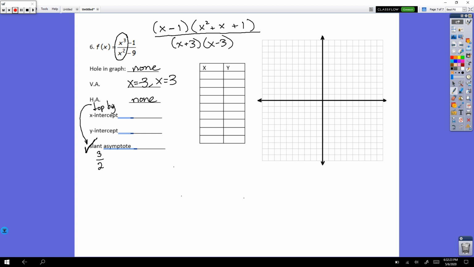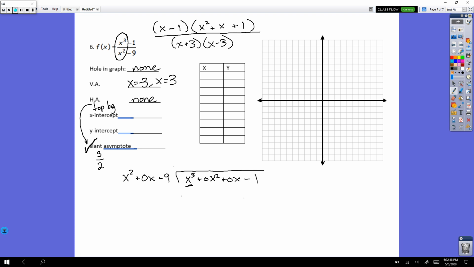Now, when I set up my division here, again, I need to put the placeholders in for terms that are missing. So on the outside, I start with x squared, and I need a placeholder for x, so plus 0x minus 9. On the inside, I need placeholders for x squared and x.